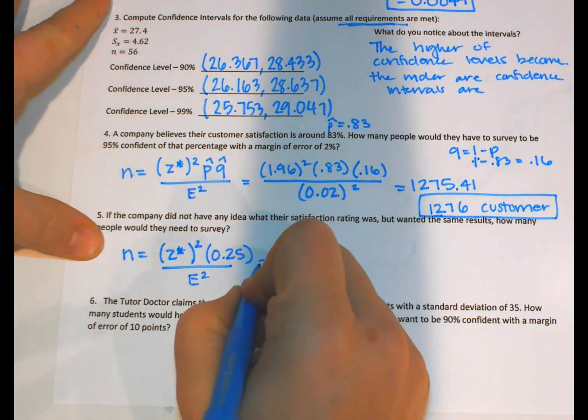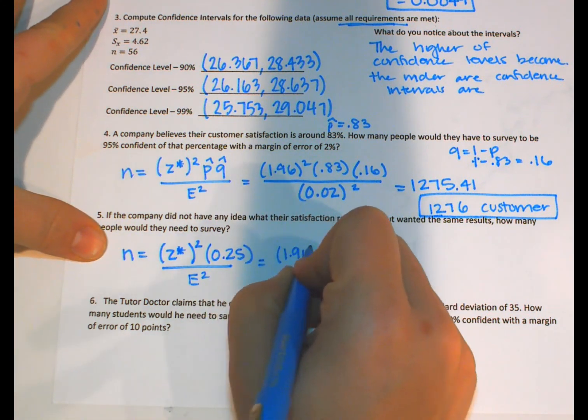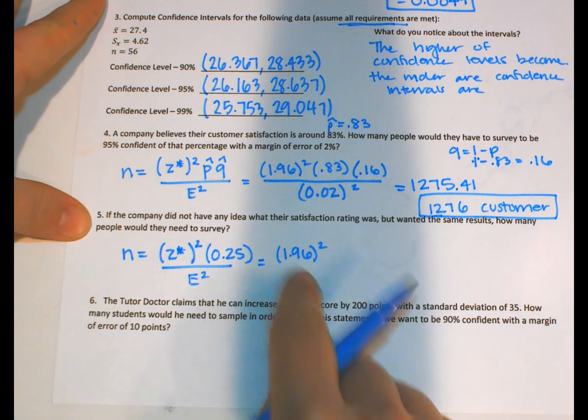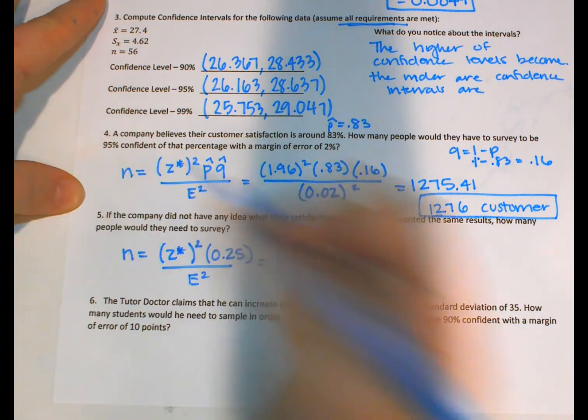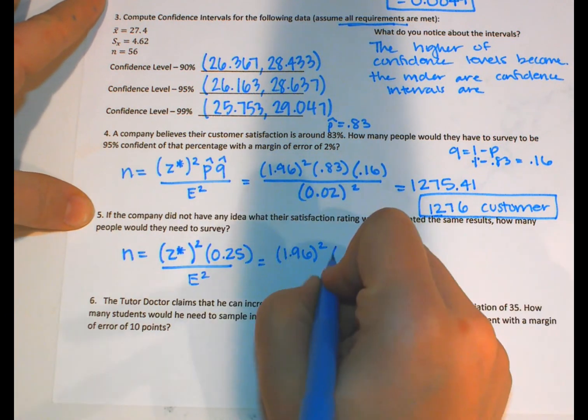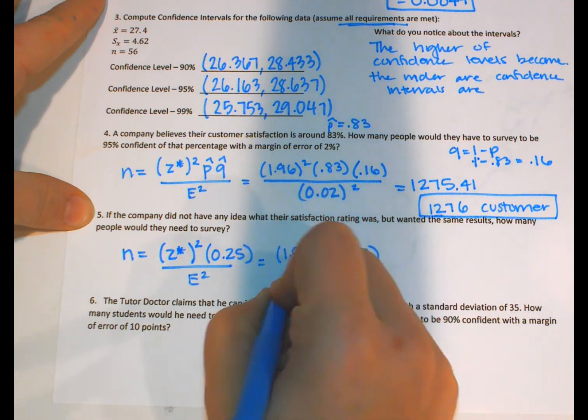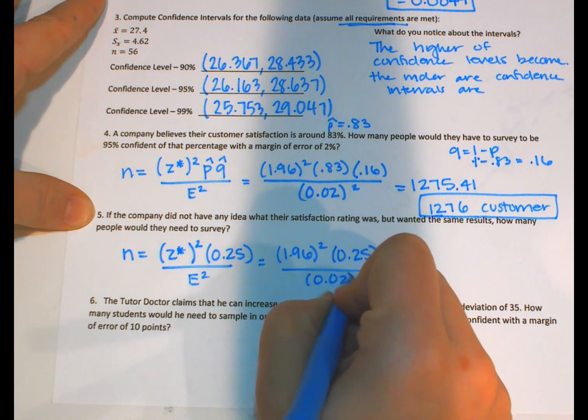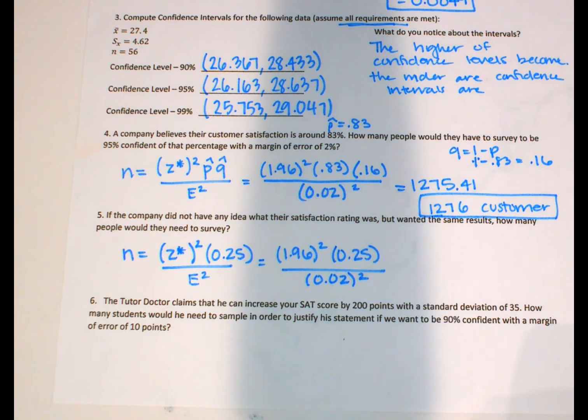So again, this part's not changing because we're still looking to be 95% confident, so our Z value is still 1.96. And then we'll use 0.25 and 0.02 as my margin of error.